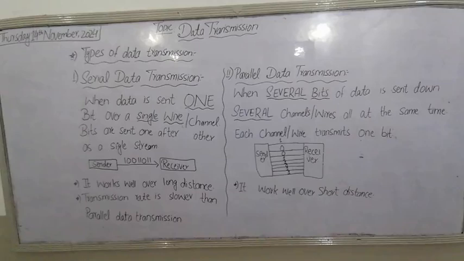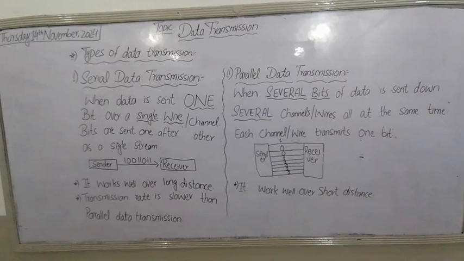Okay, let me recall it. In parallel data transmission, we use more than one wire or channel, and several bits of data are sent using those wires or channels. But each channel will transmit one bit. That doesn't mean that by using one channel or wire you can send more than one bit of data, right?